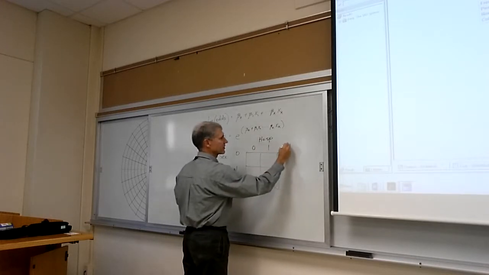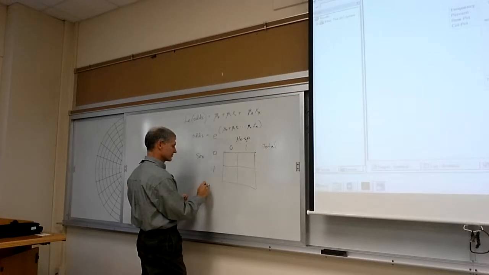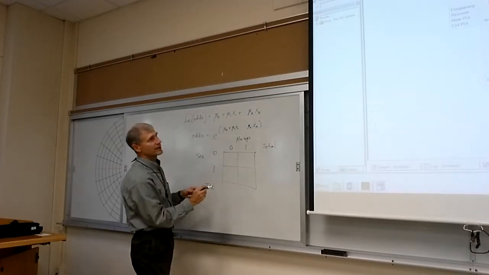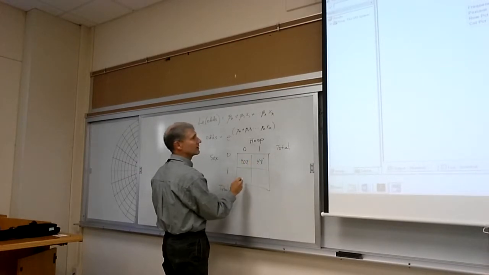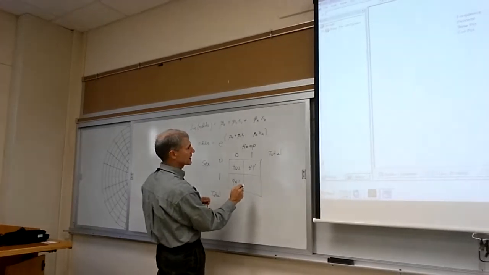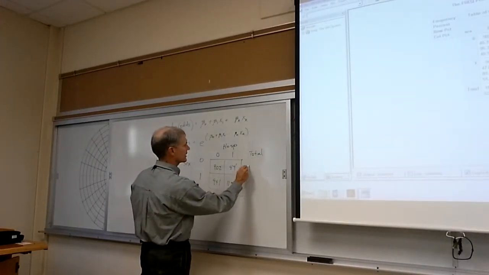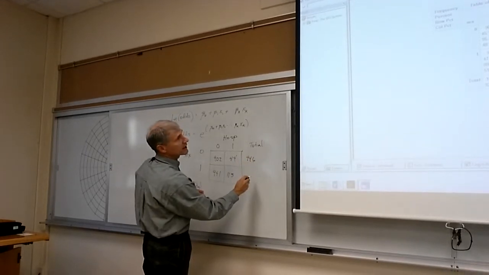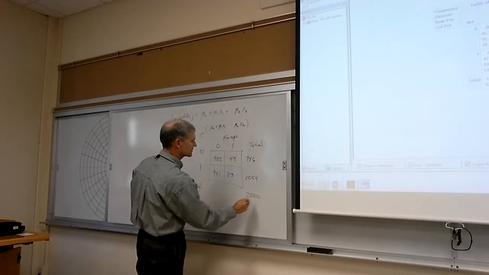Then we have row totals and column totals. We've got 902 and 44, and then 941 and 113. The totals are 946, 1054, for a grand total of 2,000.